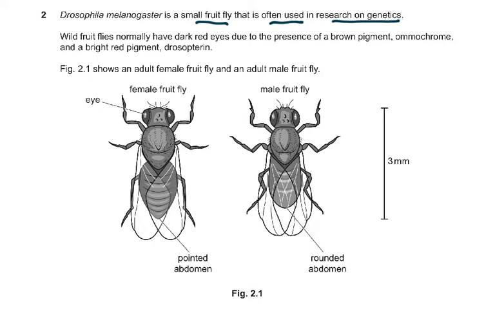Wild fruit flies normally have dark red eyes due to the presence of a brown pigment, homochrome, and a bright red pigment, drossopterin.